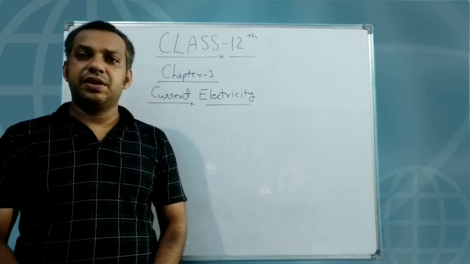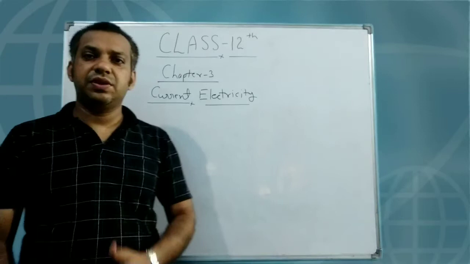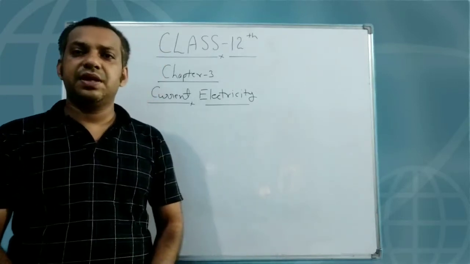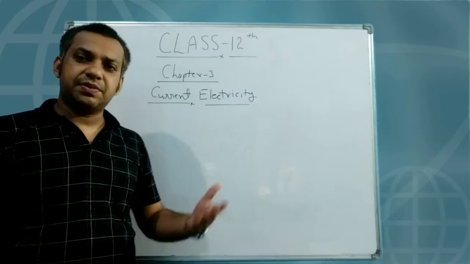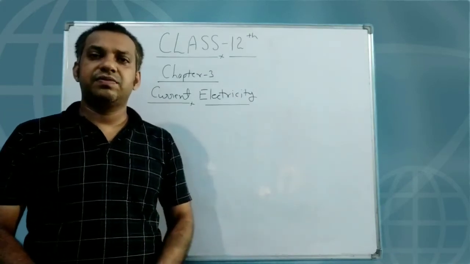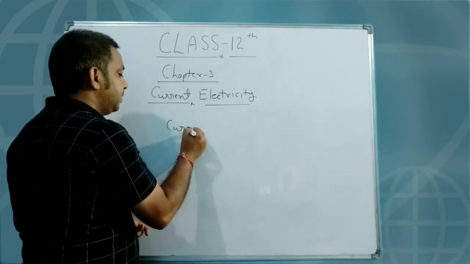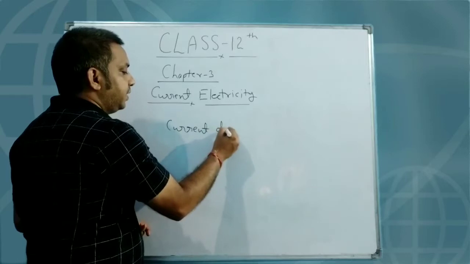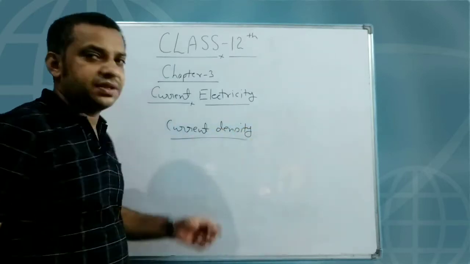So, a quick overview of this current electricity chapter. We have already studied electric current in class 10th, so in this chapter also we will start from the electric current, and then another concept, current density, which is the new thing.